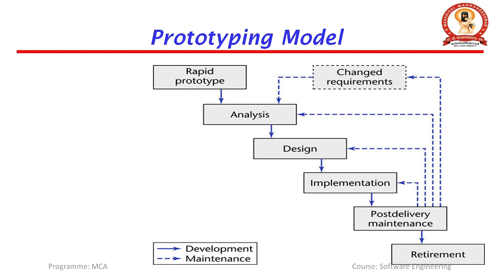So this is how, in the prototype model, we have a provision to change the requirement so many times until the customer has approved, right? So the prototype model can be used for small as well as medium types of projects, right? And secondly, the client can actually feel the system, that is, the feedback is there in this model.